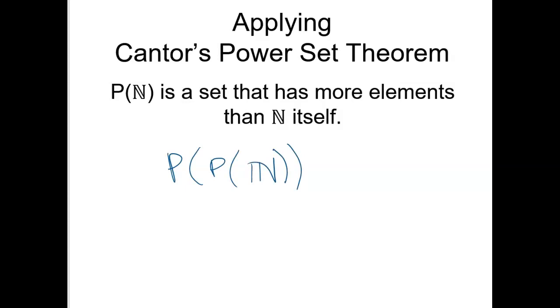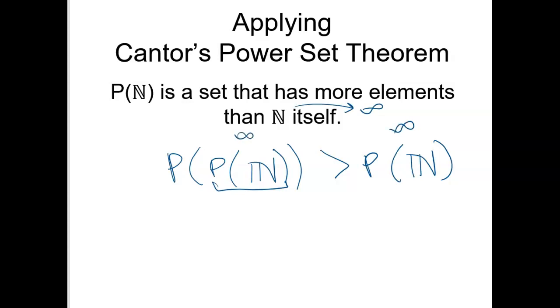Naming any element of this set would require a lot of care. What do we know about the size of the power set of that power set? We know it is going to be greater than the original power set because that is within it. So now we found a third infinity. This is infinity, this is infinity, and this is infinity. We found a third infinity that's even larger.